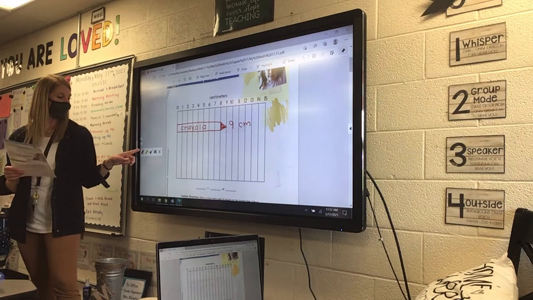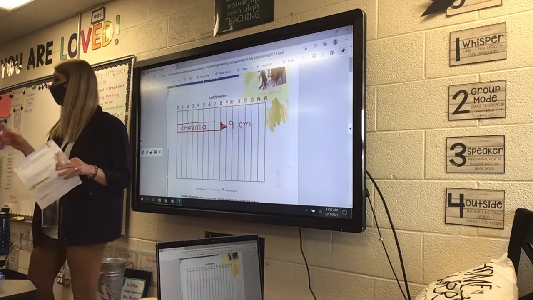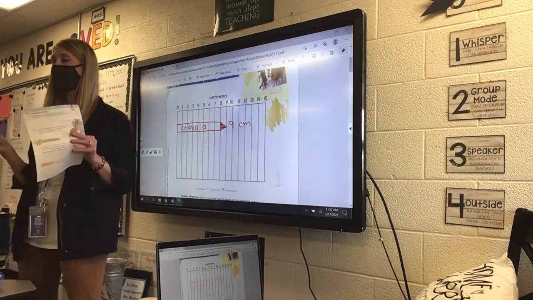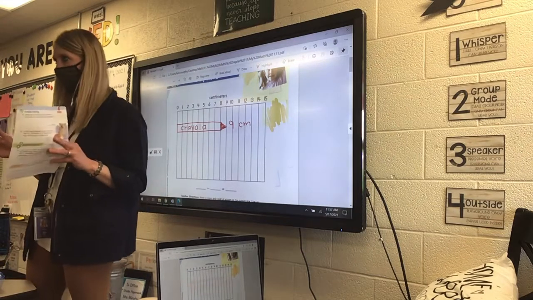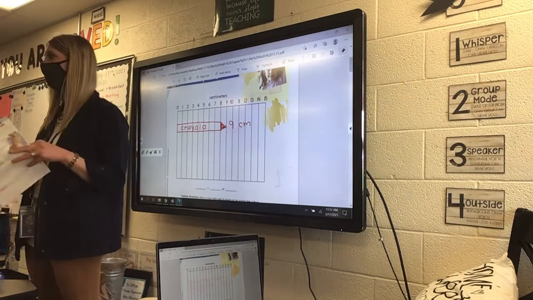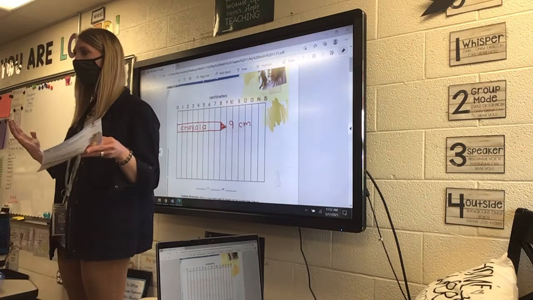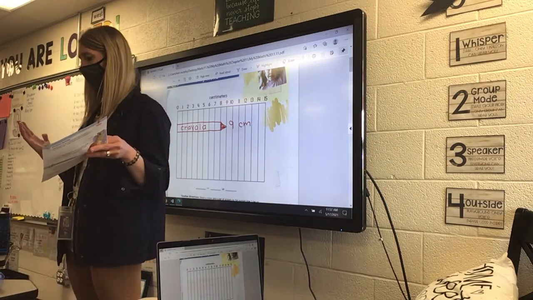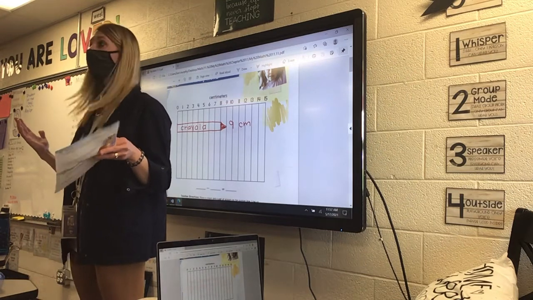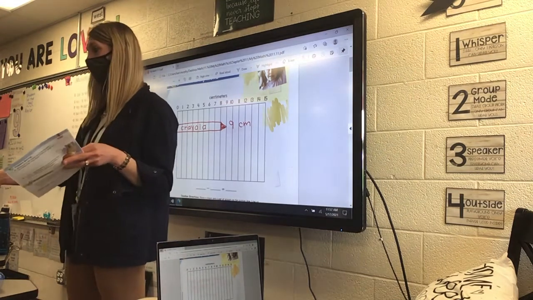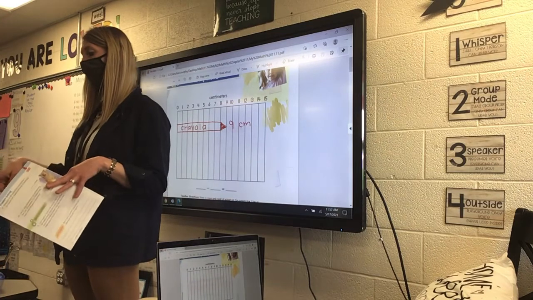Okay, now, we're going to take the glue stick that Mrs. Stewart gave you, because these are all the same size. Now, most glue sticks are about the same size, but I know some of you in your toolboxes have bigger ones. So, now, Mason, what do you think we're going to have to do with the glue stick? We're going to have to lay it down and draw it, and I see you laying it down. Where do you lay your glue stick down, Mason?